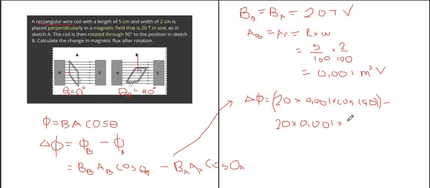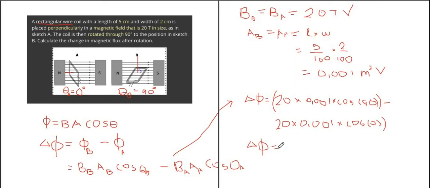At A, it's 0, so it's going to be the cos of 0. I would say it's very important for you to know and memorize what the cos of 90 is, what the cos of 0 is. It will help you in the long run, not just in physics, but also in mathematics.